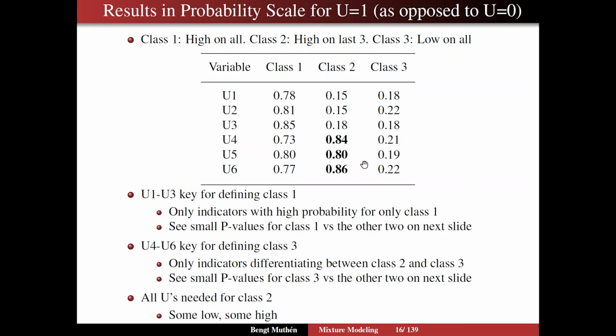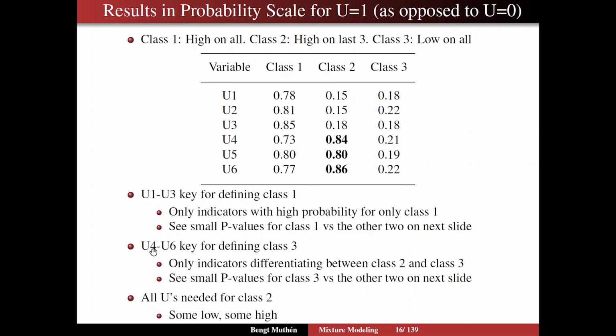What do I mean by that? Well, those last 3 indicators are the only ones differentiating between class 2 and class 3. So the first 3 items don't differentiate between class 2 and class 3. They have low probabilities for both classes. But the last 3 indicators are high only for class 2 and low for class 3.